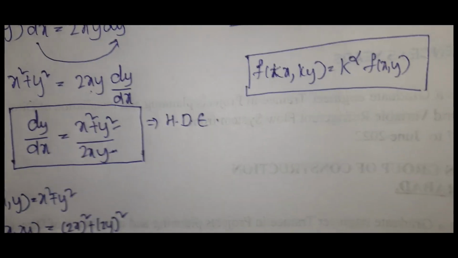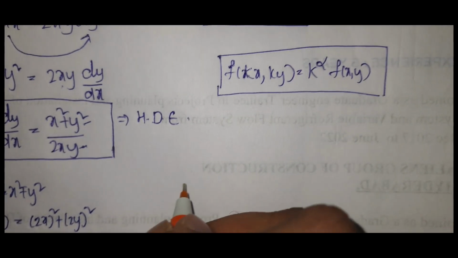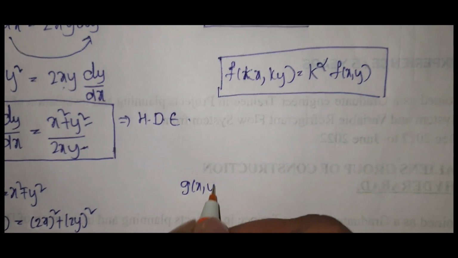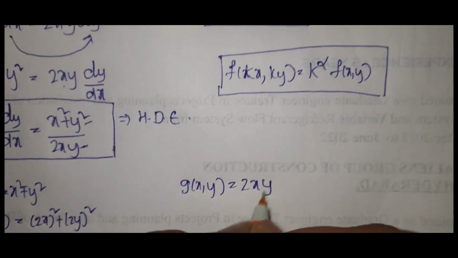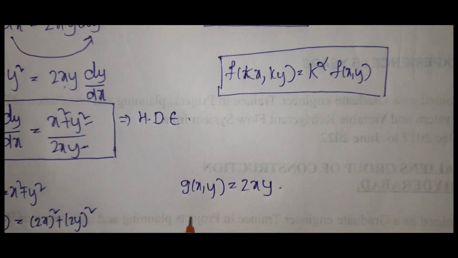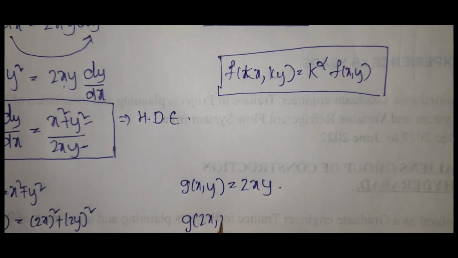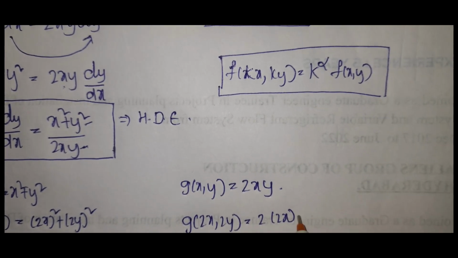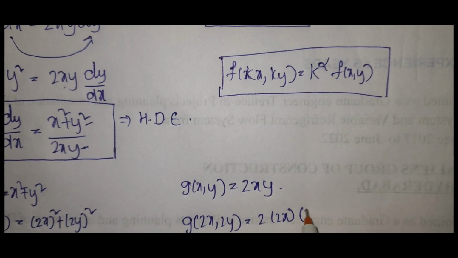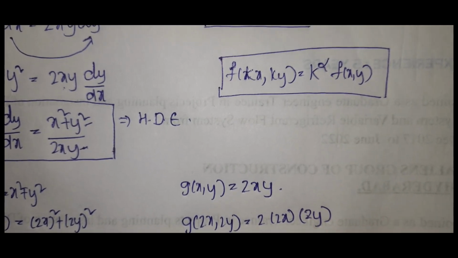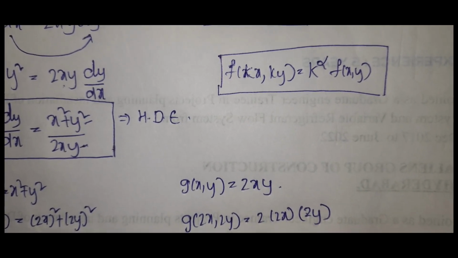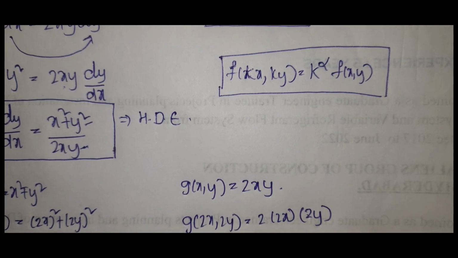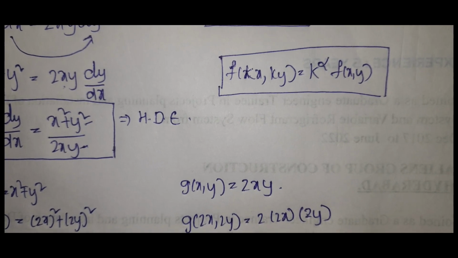Let's check the second function, that is g of x comma y, 2xy. Just as before, I'm replacing x with 2x and y with 2y. So you get 2 times 4xy. I am bringing 4 out of the bracket and keeping 2xy inside the bracket.